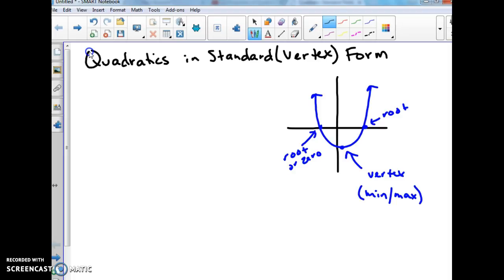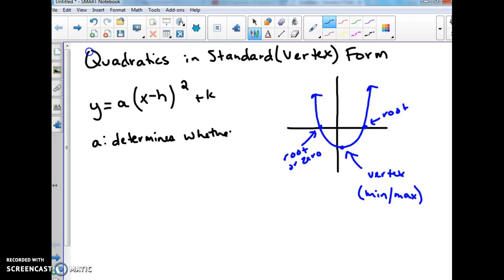Okay, so you're probably wondering, what is the standard form? The standard form for a quadratic is y equals a times (x minus h) squared plus k. So the a value determines whether the graph opens up or down.